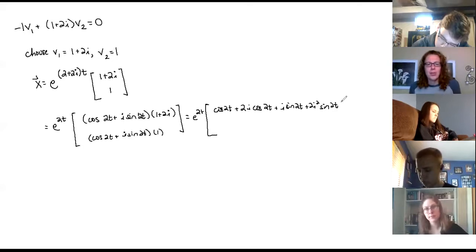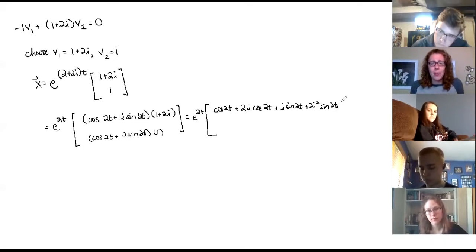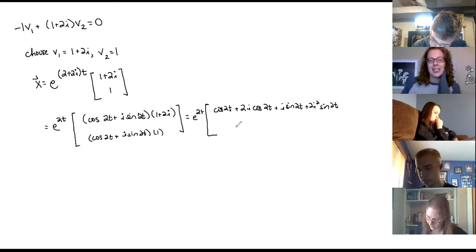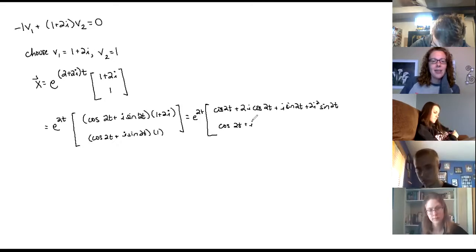FOIL. I don't think I wrote those out in the order that the letters in FOIL go with, but you get the answer. Cosine of 2t plus 2i cosine of 2t. Oh, I guess I did. Plus i sine of 2t plus 2i squared sine of 2t. And then the bottom one just stays cosine of 2t plus i sine of 2t.